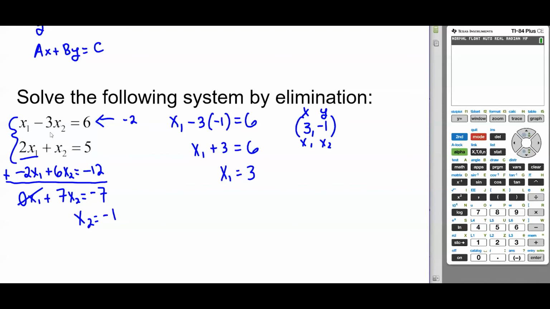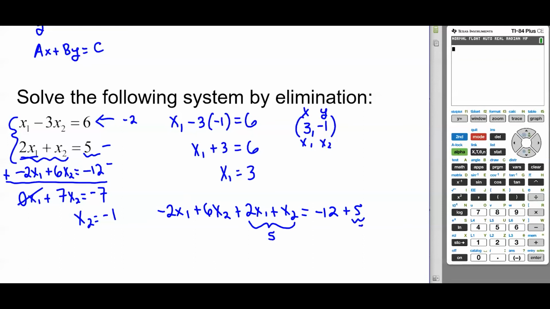All right, so I'm going to tell you why. If I add negative 2x1 plus 6x2 to the left side and I add this to the right side of the second equation, since we're assuming both of these are true statements, we're assuming that this is 5 and this is 5.